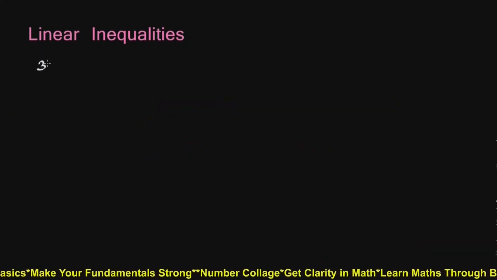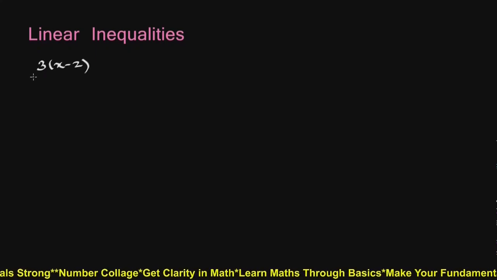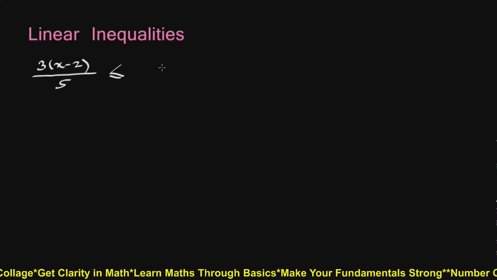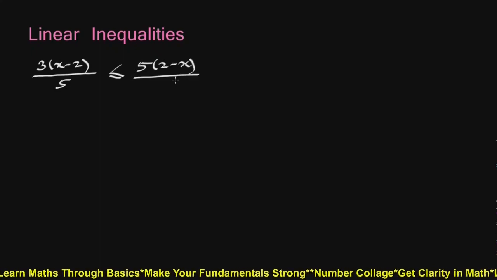Let us solve 3 into x minus 2 upon 5 less than or equal to 5 into 2 minus x upon 3.